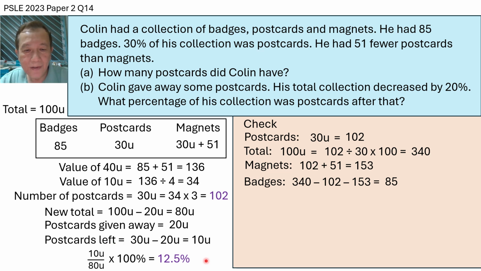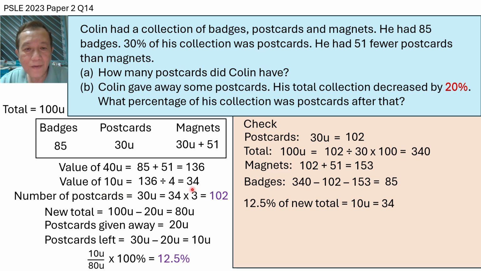Let's check the second answer, 12.5%. From part B, the target is 20%, the decrease in total. 12.5% of new total equal 10 units equal 34.